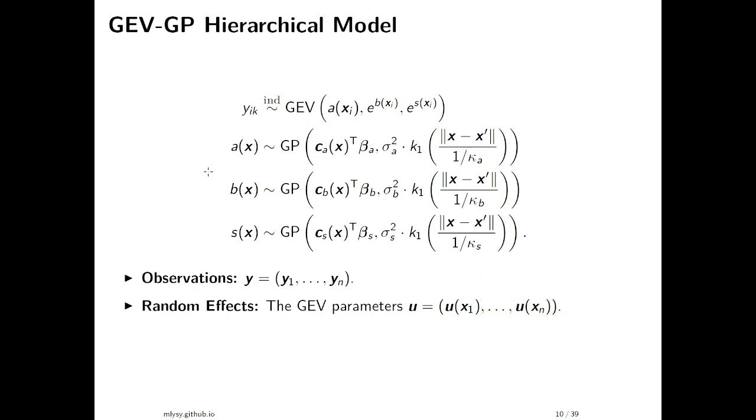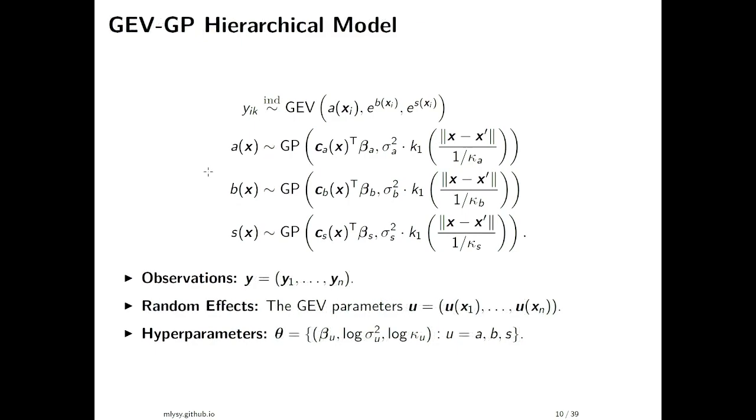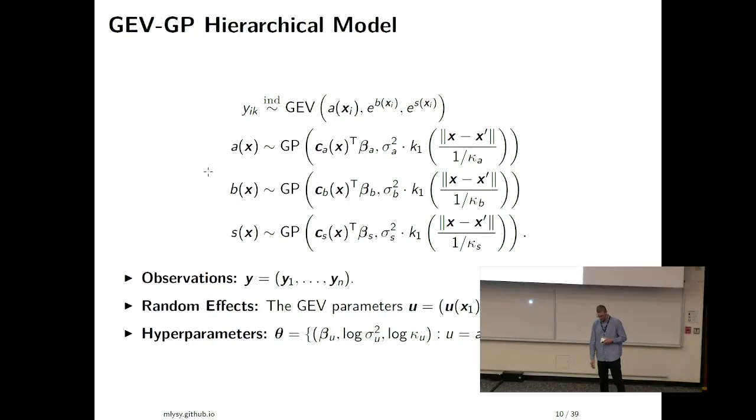Relating back to hierarchical modeling, random effects was a nice word to use. We have them at each location and also for each of the three different parameters. And finally, we'll just say hyperparameters. That's all the rest of the stuff here. This would be the regression coefficients for the location, and then the scale and spatial correlation parameters for each one of the GEV parameters.